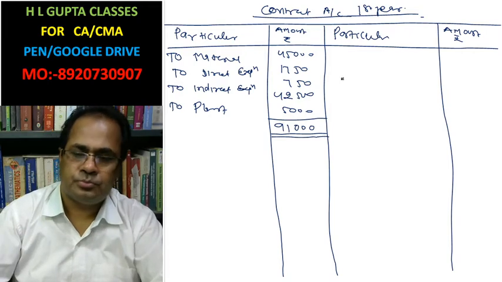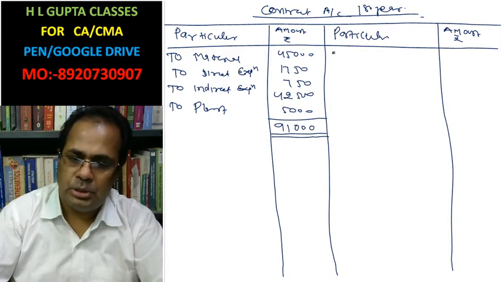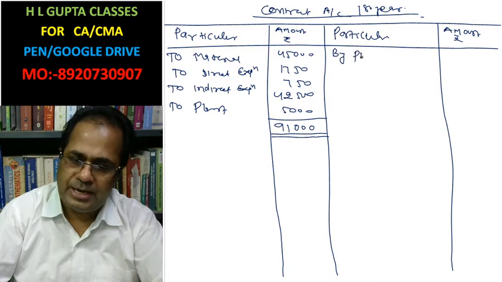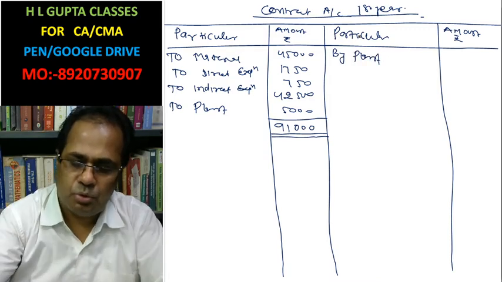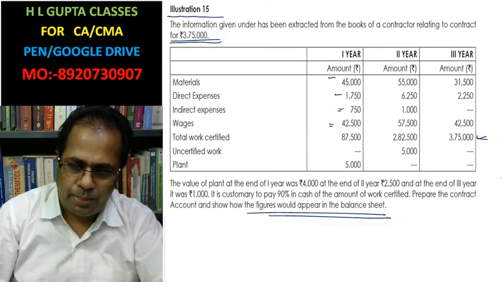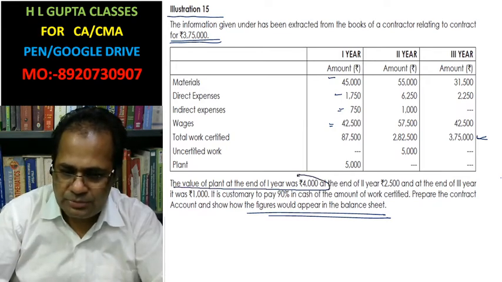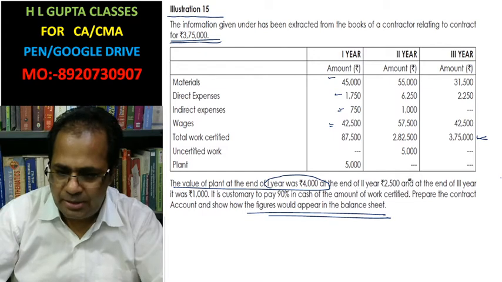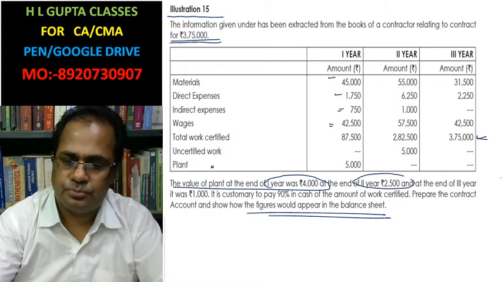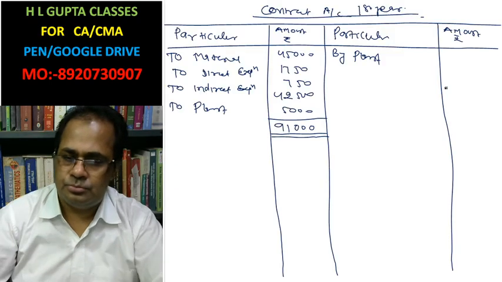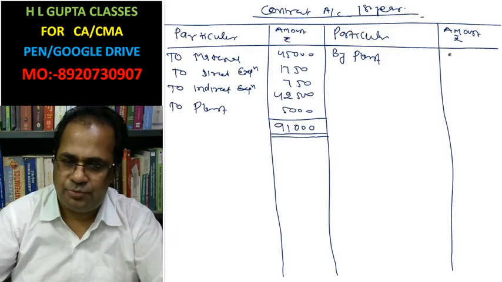By plant at the end of first year. Look at it in the question: the value of plant at the end of first year is 4,000, second year 2,500, and third year 1,000. This value of plant is 4,000.